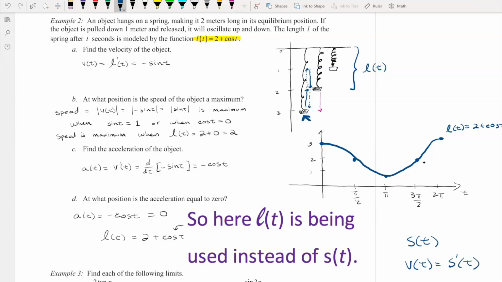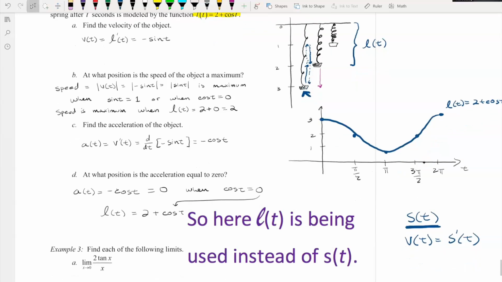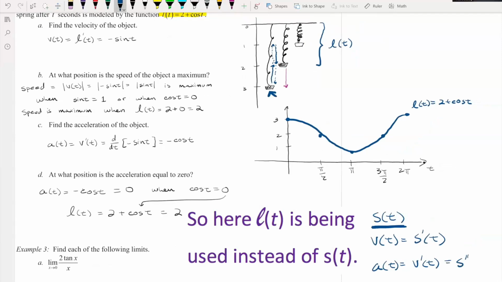Yeah. So the s of t tells me the position at any given time t. If I want a rate of change in position, that's going to be a change in position with respect to time. That's going to be the first derivative. And the second derivative is the rate of change in velocity, which is the second derivative of position. That's the acceleration. Cool? Okay.